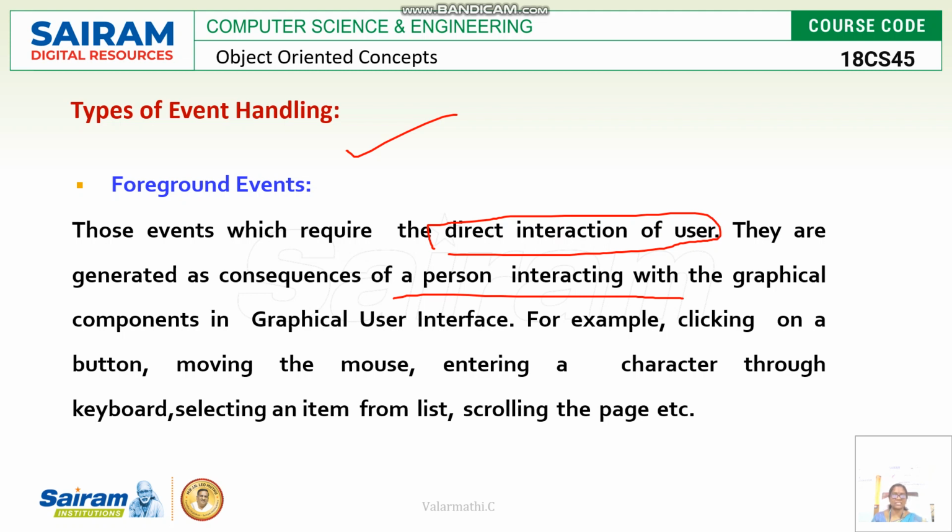The best examples of foreground events are clicking a button, moving the mouse, entering a character through the keyboard, selecting an item from a list, which is a list event, and scrolling the page.